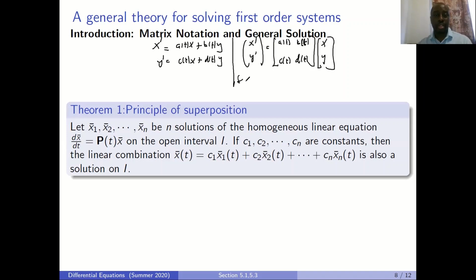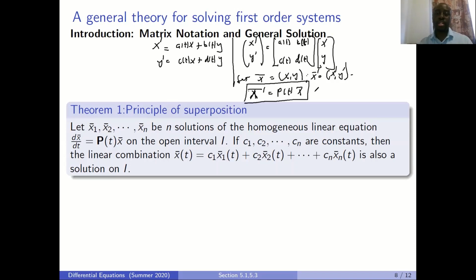And if I set x bar to be (x, y), then of course the derivative, x bar prime, will be (x prime, y prime). And so I can write this whole system as x bar prime equals P of t times x bar.